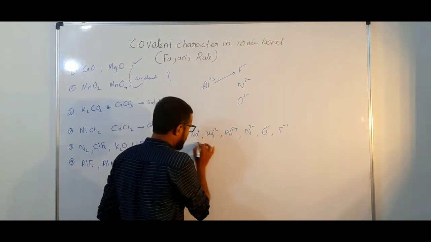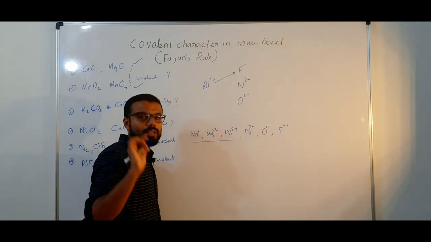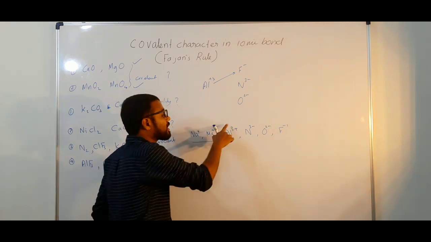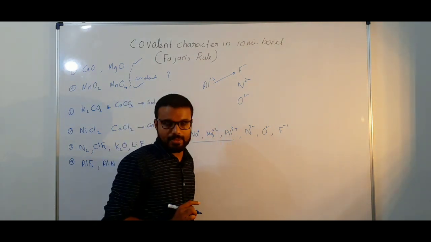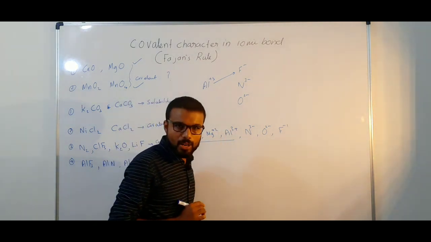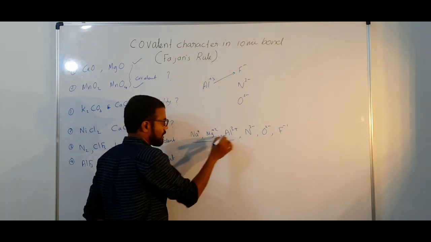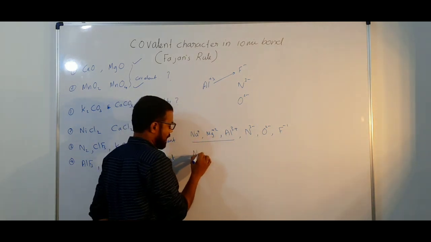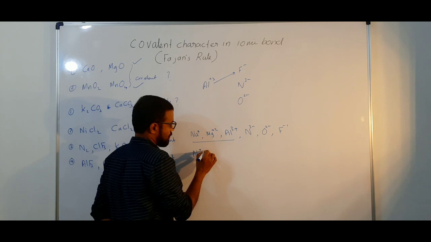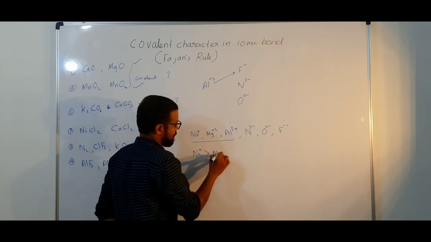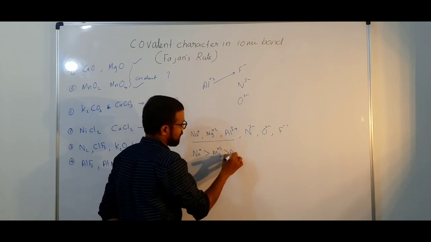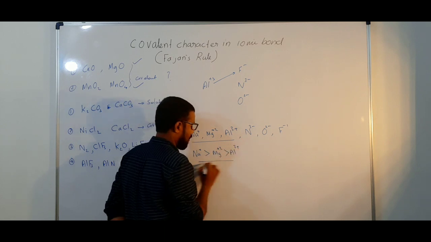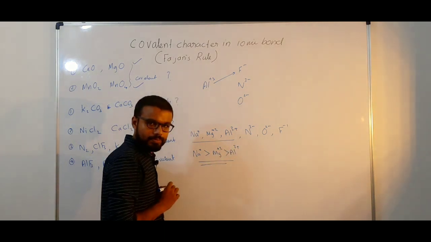Now, in isoelectronic species, if it is cation, higher the charge, smaller will be the size. So, the order of size up to here will be what? Na plus bigger than Mg2 plus bigger than Al3 plus. This is the order of size here. Okay.